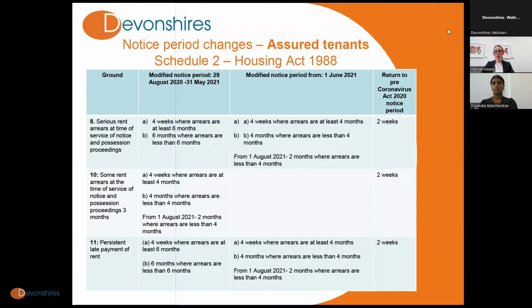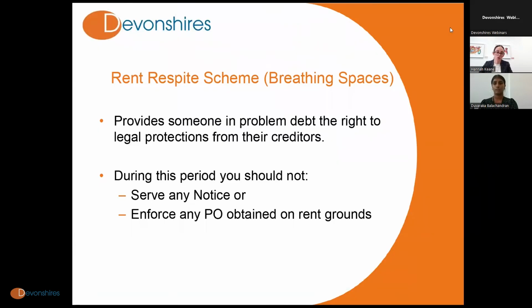So it just goes to show, there's no harm if you're relying upon a ground 8 to put in 10 and 11, and indeed we would encourage you to do so just as a catch-all, like I said, in case that ground 8 falls away. Sometimes we can see mandatory grounds requiring longer notice periods, but luckily for rent, it's all aligned, so you don't lose any time by including them all in your notice. Next slide, please, Duva. Thank you.